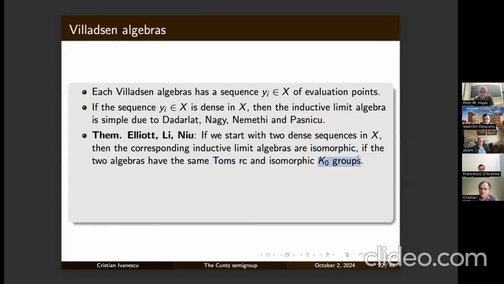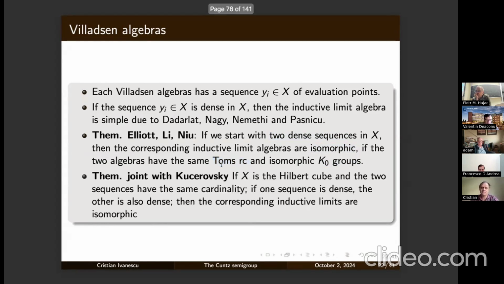So this is a classification result. Basically, what they are saying is that this number that Toms introduced, once you add it to K0, is sufficient to distinguish these Villadsen algebras.